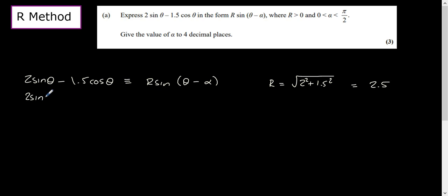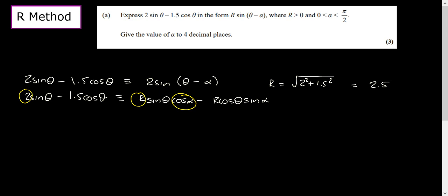So then we'll do our expansion. 2 sine theta minus 1.5 cos theta is the same as r sine theta cos alpha minus r cos theta sine alpha. And that's why the minus doesn't matter over here, because we've got a minus in our expansion. And then we just compare our coefficients. So 2 sine theta, so 2 is equal to r cos alpha. And then we've got 1.5 cos theta, which is our r sine alpha.